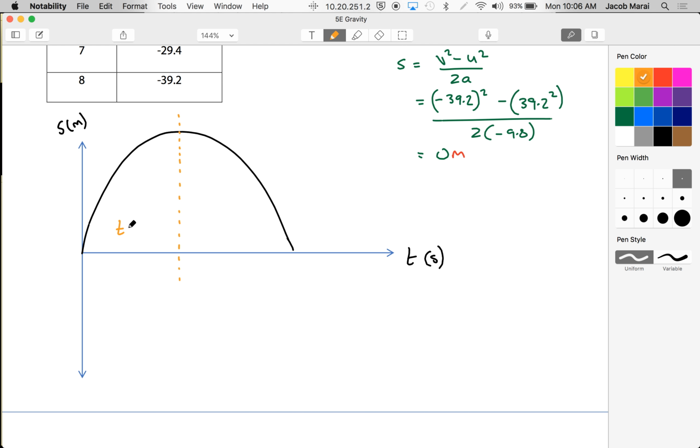We can still say that our time up value is equal to our time down. And so if we had 8 seconds here, and 4 seconds there, and 0 seconds, we can still say 4 seconds up, 4 seconds down.